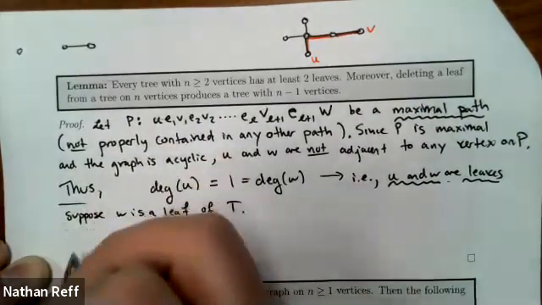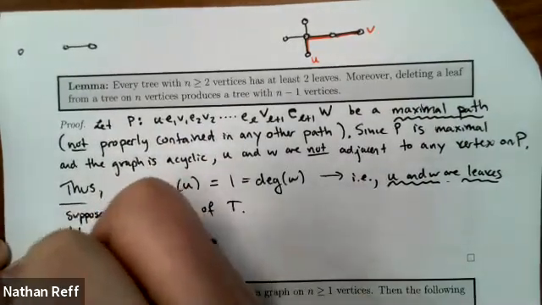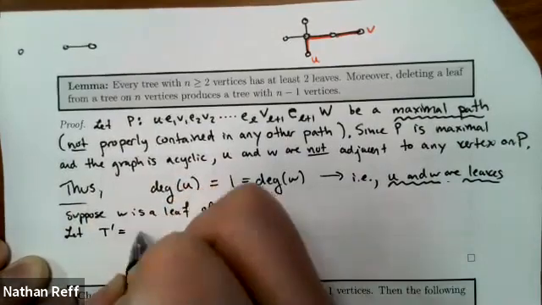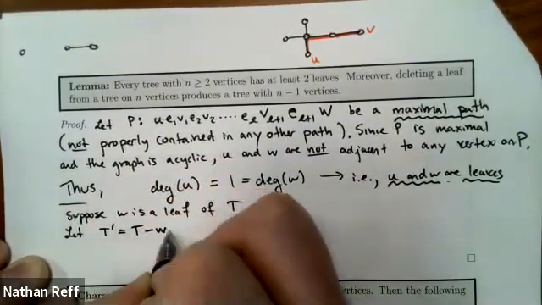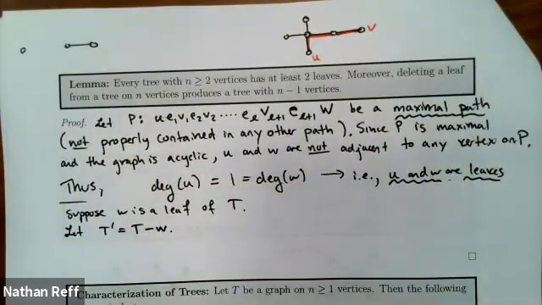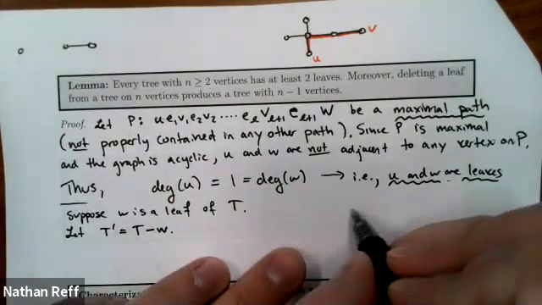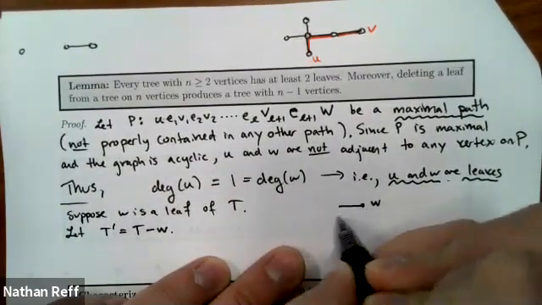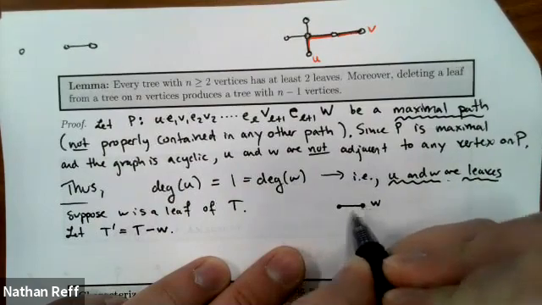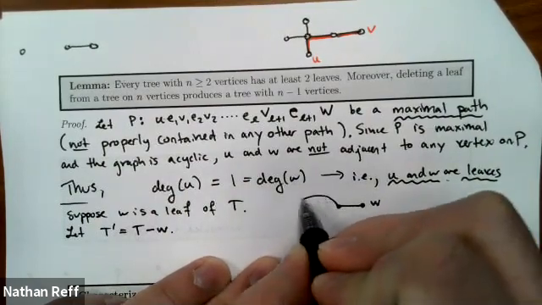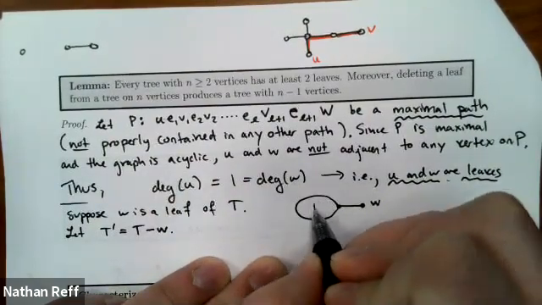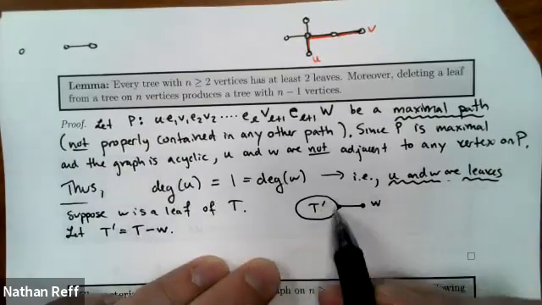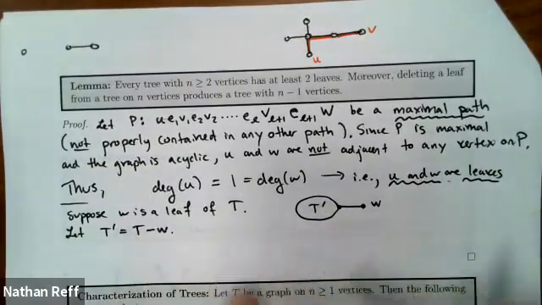Let T prime be the tree that you get when you delete that leaf, okay? So it'll actually look like this. I'm going to have W. I will have an edge that W is connected to, and then the rest of this is not a cycle. I'm just giving you the rest of the tree, right?